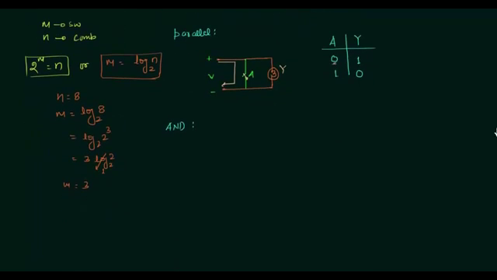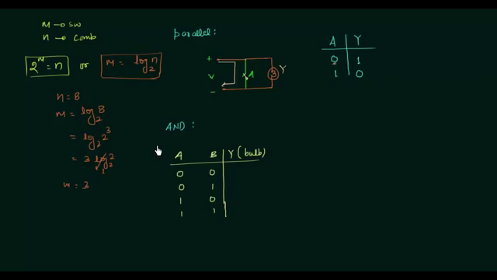We will take two switches, A, B, Y is the output, bulb. We have four possible combinations: 0 0, 0 1, 1 0, 1 1. Now most of you already know what is AND operation.